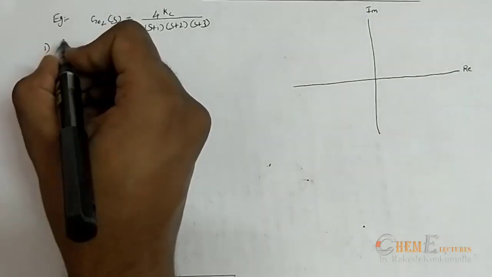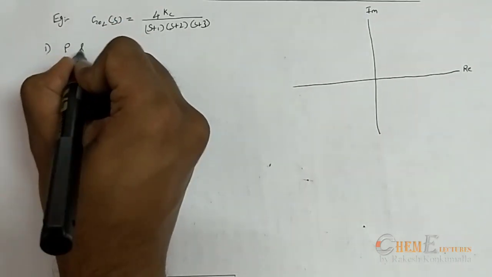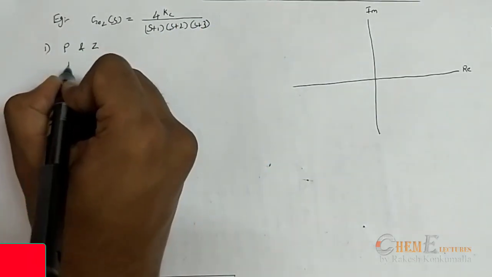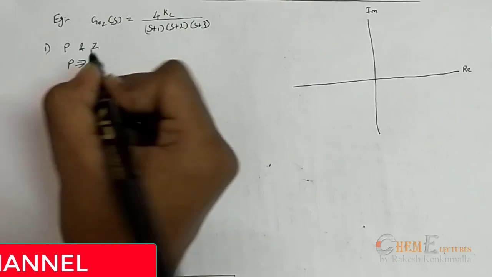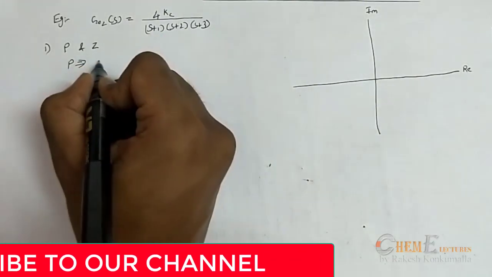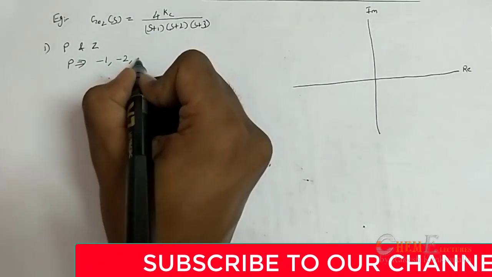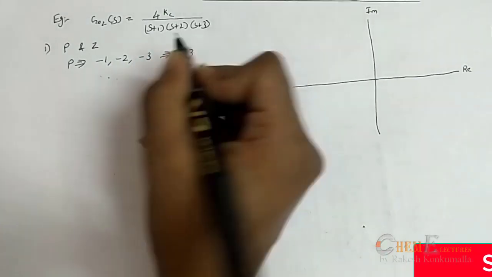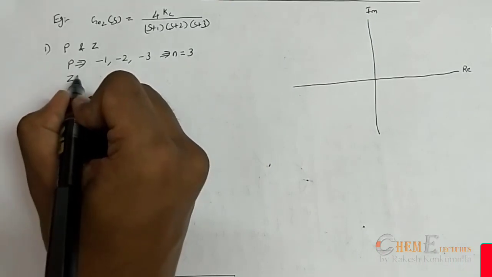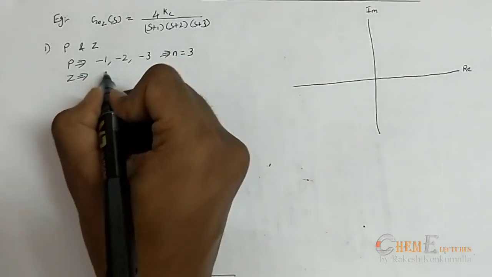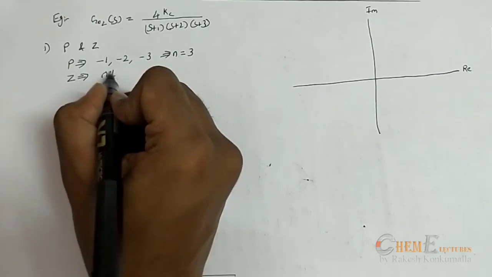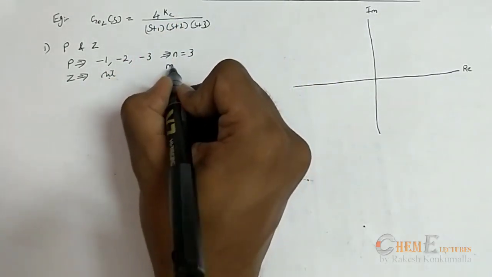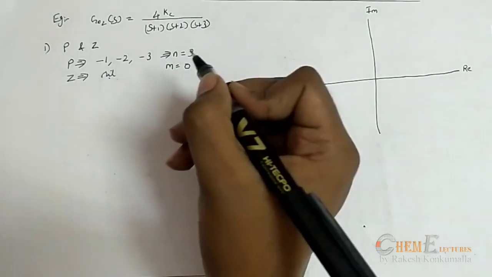Now the first step, as I told you, is to identify poles and zeros. From the open loop transfer function, my poles will be the denominator roots, that is minus 1, minus 2, minus 3. Then my number of poles is 3. Now identifying zeros, which are nil because there are no roots in the numerator, my number of zeros is 0.